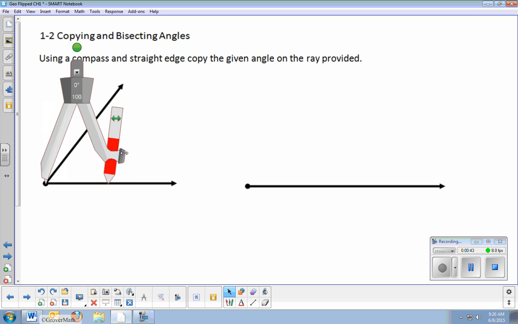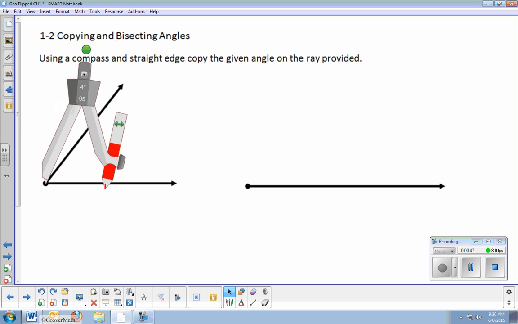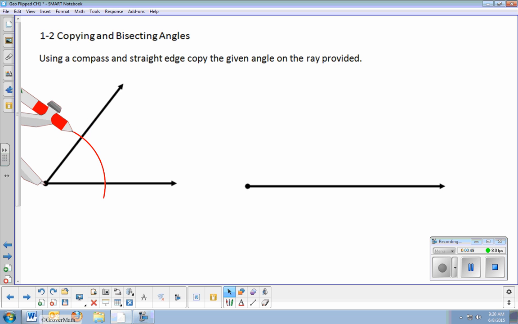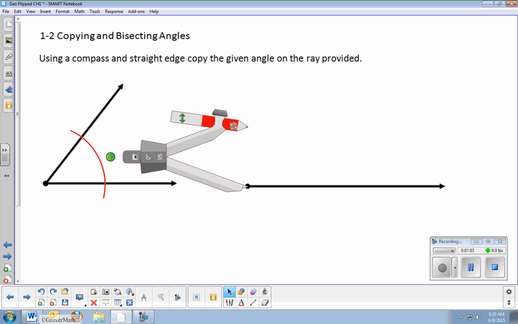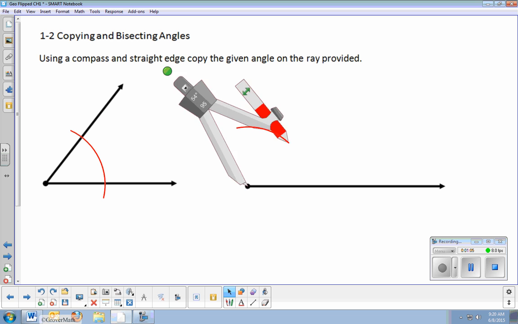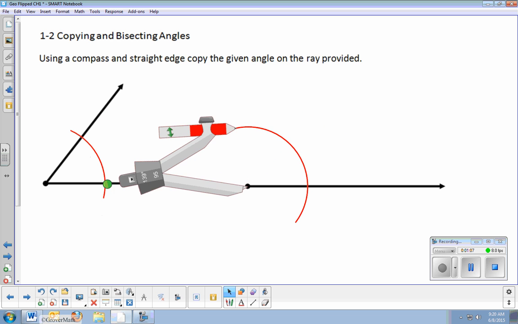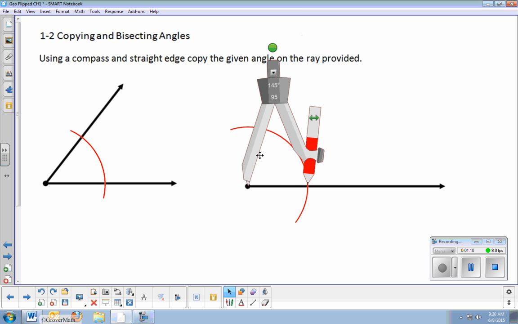What's important is that you then draw an arc so that your arc crosses both segments that make up your angle. Then keep your compass locked on that same position and go to where you want your new angle to be, and draw that same arc. Like that. So same radius length.